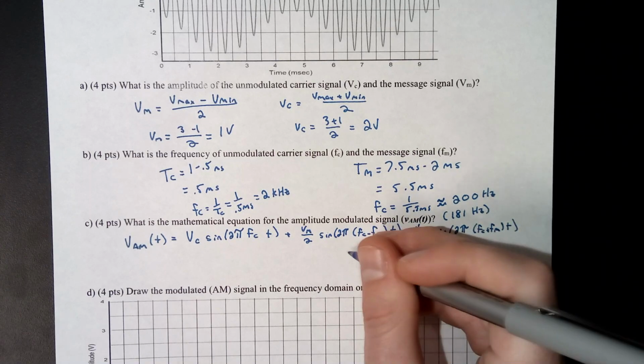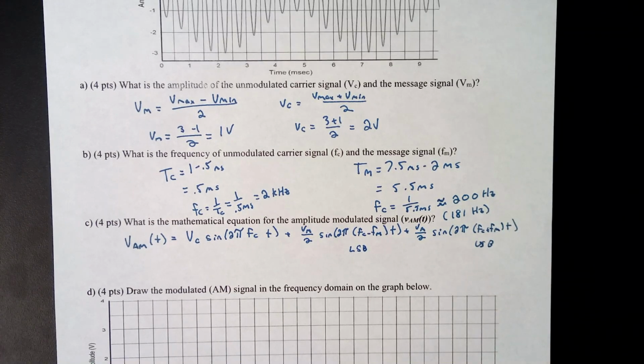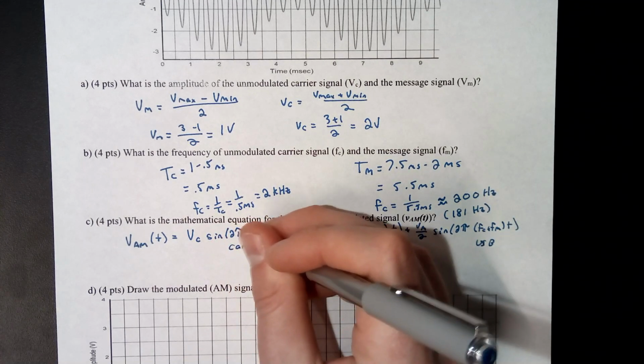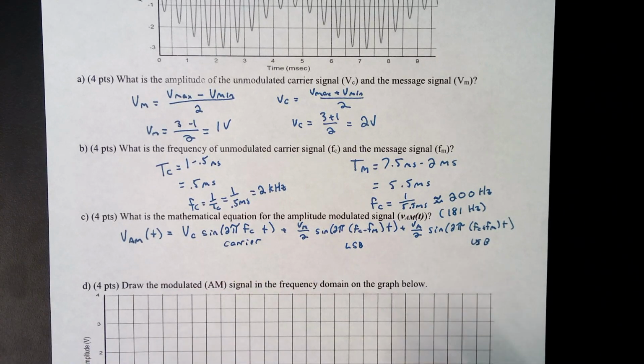So this is our lower sideband, this is our upper sideband, and this is our carrier frequency. Again, this is a good equation to have locked and loaded on your equation sheet just in case you need it for this type of problem.